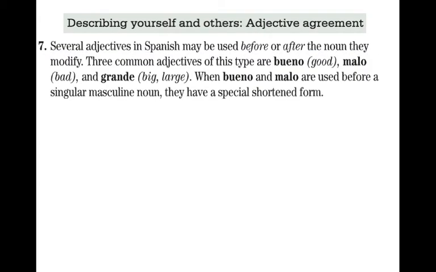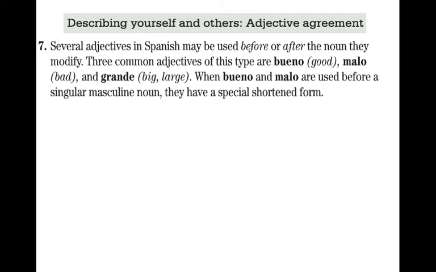And here's what we just mentioned a moment ago. Several adjectives in Spanish may be used before or after the noun they modify. Three common adjectives of this type are bueno, malo, and grande, good, bad, and big or large. When bueno and malo are used before a singular masculine noun, they have a special shortened form.